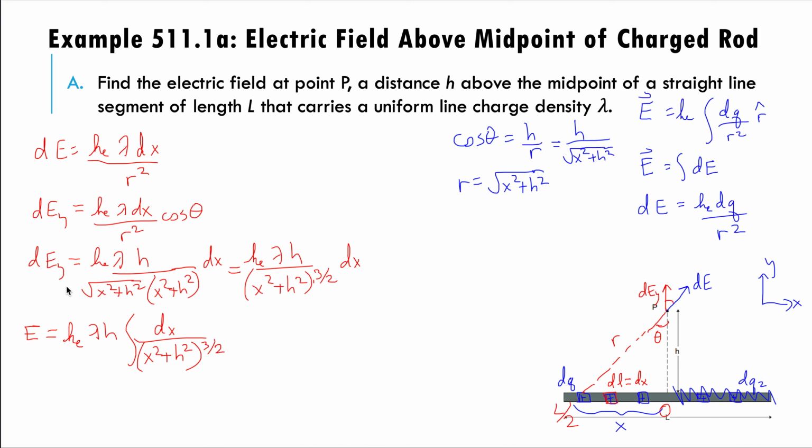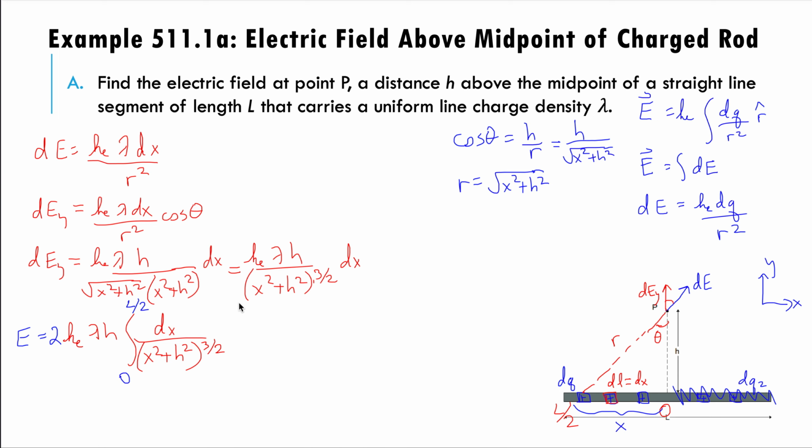And let's not forget, we could have done it earlier, but since we're integrating from 0 to L over 2, we're going to have to multiply this whole integral by 2 to account for the contribution of both halves of the rod.